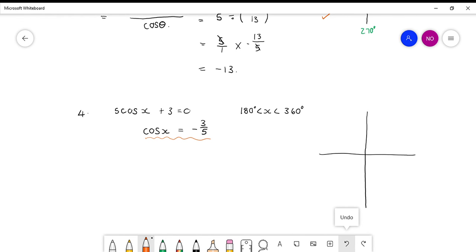Which two quadrants am I looking at here? Quadrant 2 and 3. Why? Because cos is negative in 2 and 3. It's only positive in 1 and 4. Onthou, elke funksie is positief in 2 kwadrante en negatief in 2 kwadrante. Good? And now I'm looking at between 180 and 360.